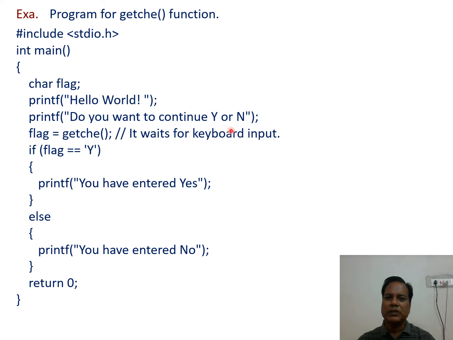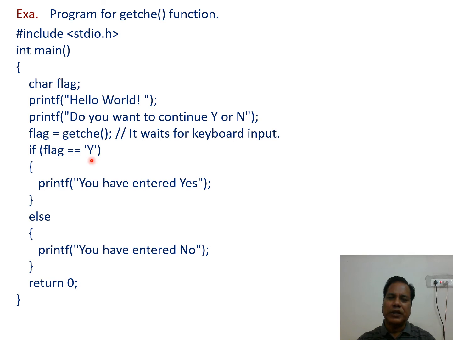This message is printed on the output screen, whereby the user enters either Y or N. Depending on that, flag equals getche(); The getche function takes the entered character and stores it in the character variable flag.